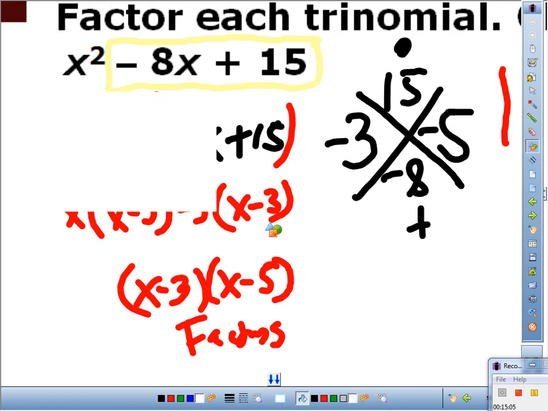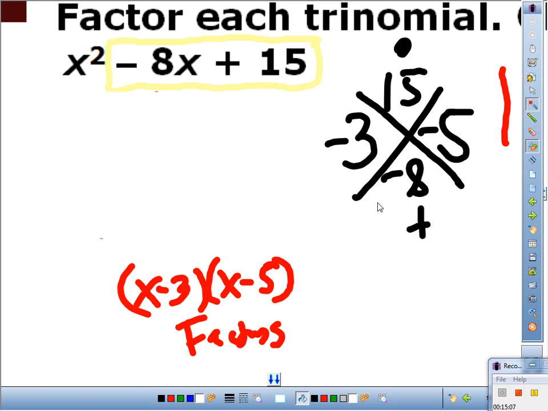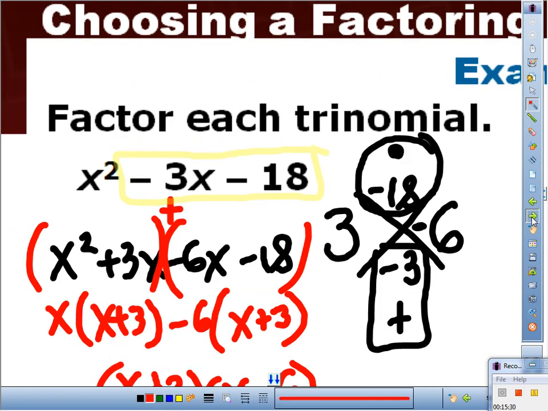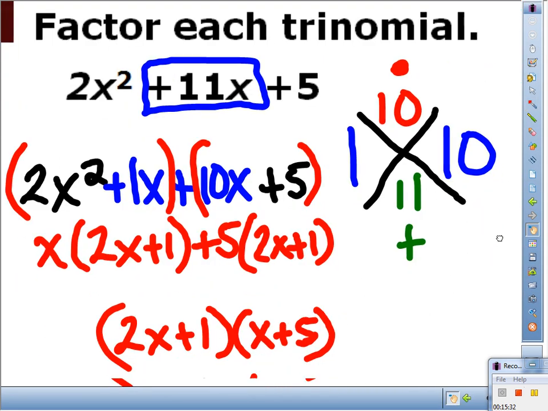Again, I'll cover this up, and I can go from here to there. Okay? Yes. So that works with these simple ones, right? What happens when we get to this one?